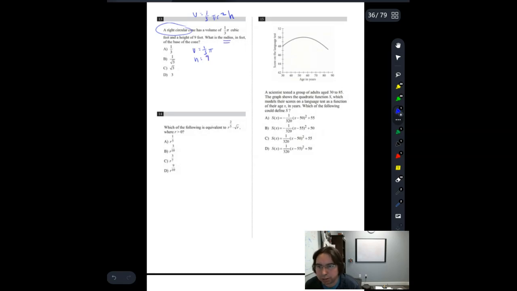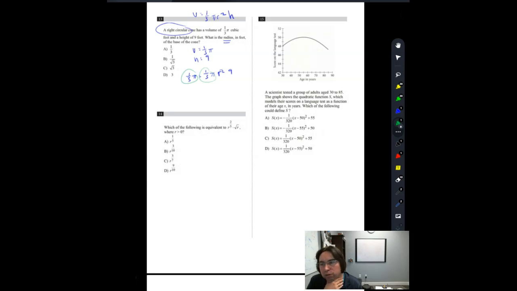So we want to know the radius here. So let's input our values. So we know we got 1/3 pi is equivalent to, over here we have 1/3 pi r squared times 9. Now what you'll notice here is that we have 1/3 pi and 1/3 pi, right?